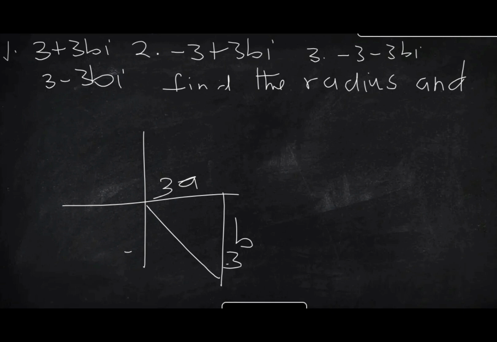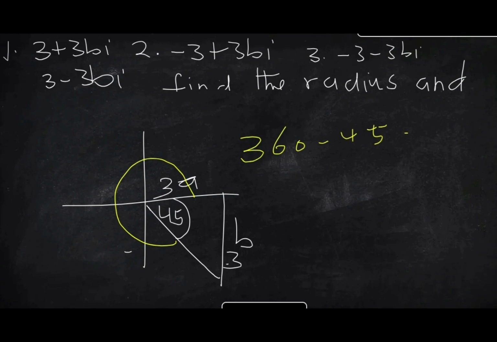Tan inverse of 3 on 3 gives 45 degrees. So to find the angle from here to the origin is 360 minus 45. That gives a value of 315 degrees.